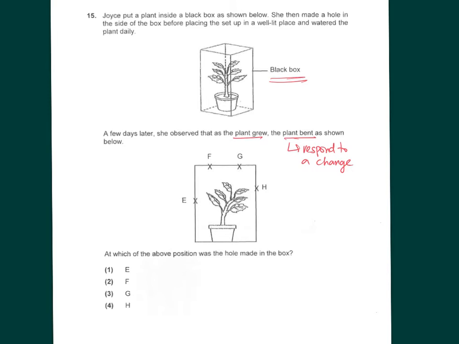So if a hole is cut somewhere in the box, which she has done, the plant will definitely grow towards the hole so as to receive light and make food through its leaves, to keep itself alive. So in this case, I think the answer is H, because it's bending towards H, right? So H must be where the light is, and the plant is responding to this change. Answer is 4.